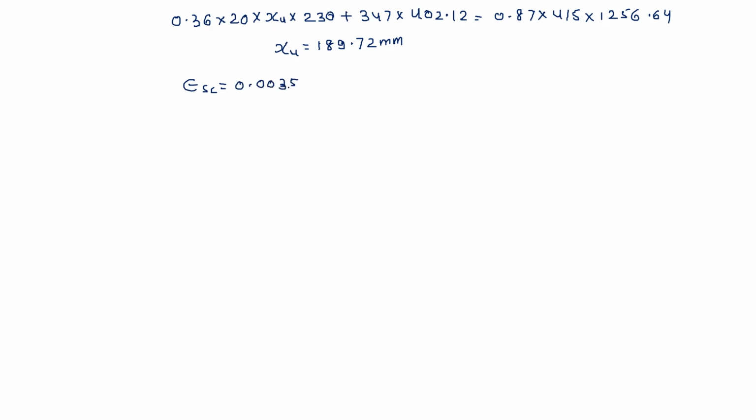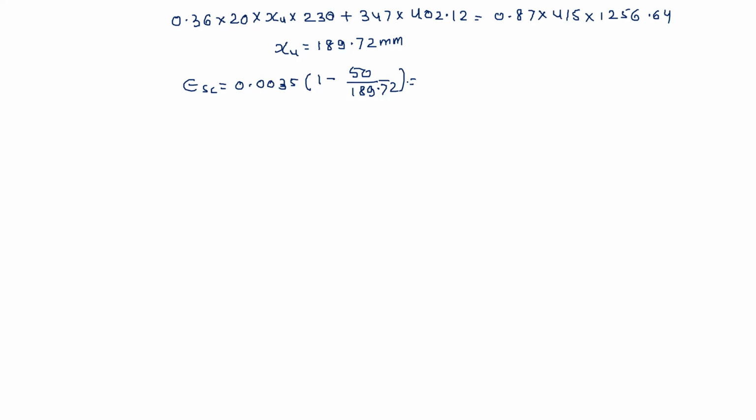From this, we will find epsilon sc, which will be equal to 0.0035 into (1 minus dc, which is 50, upon xu, which is 189.72). From this we will get the value 0.00257. Just a minute, I will calculate once again.